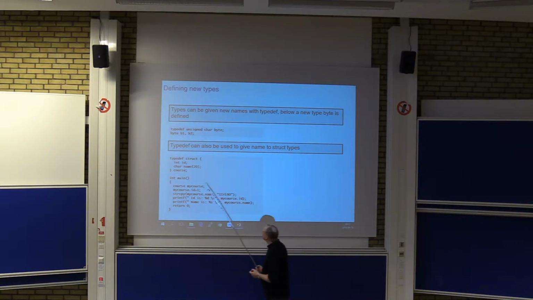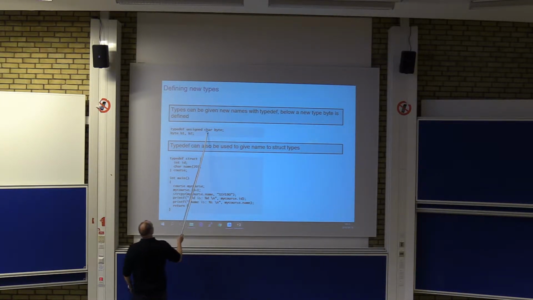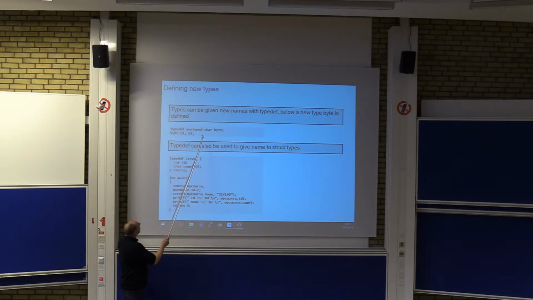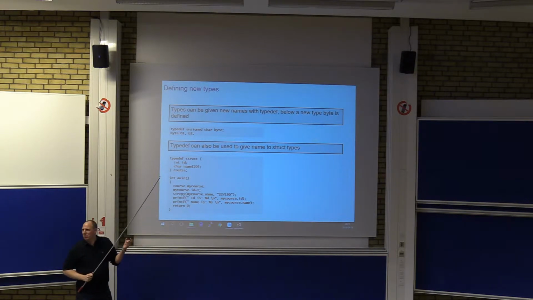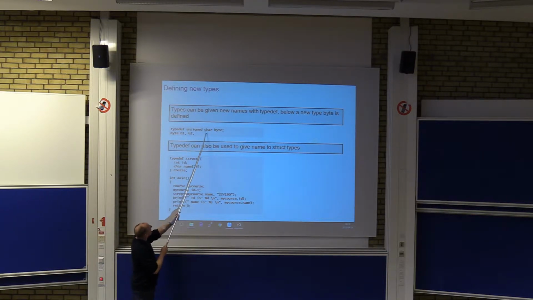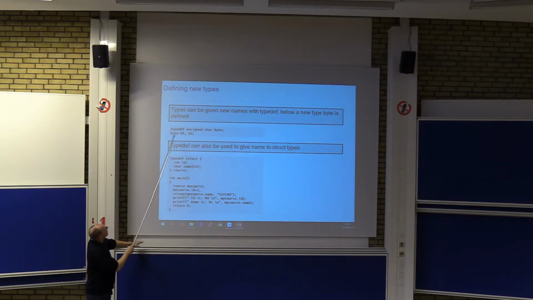So for example, we had talked about characters. They are 8 bits. And if you now, for some reason, would like to represent bytes, so that's 8 bits without a sign bit, that is an unsigned character. What you can do now in C is a typedef.